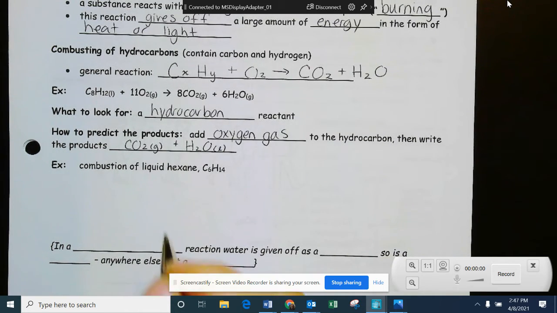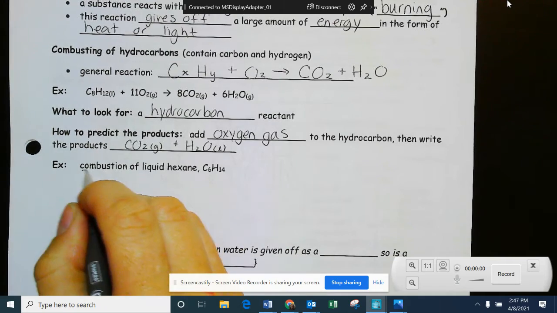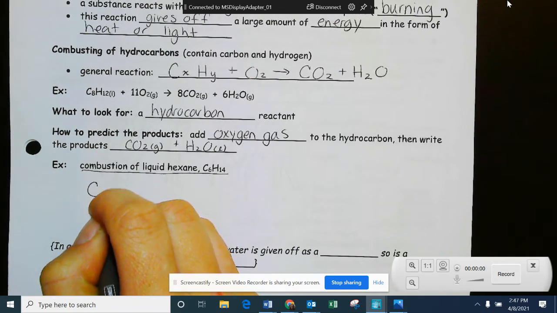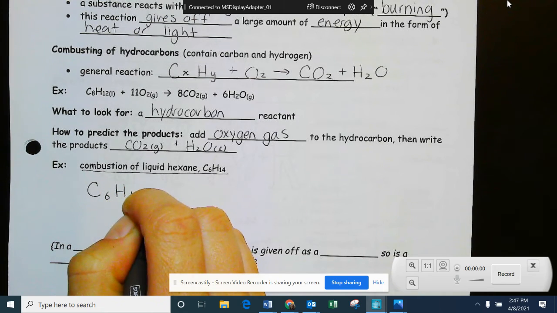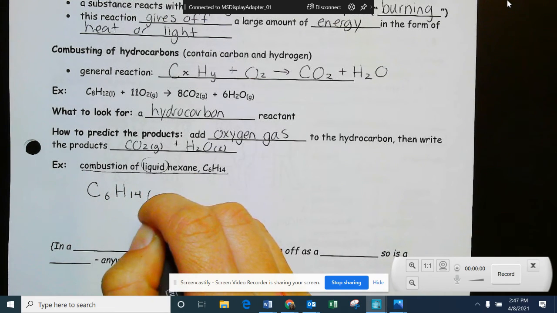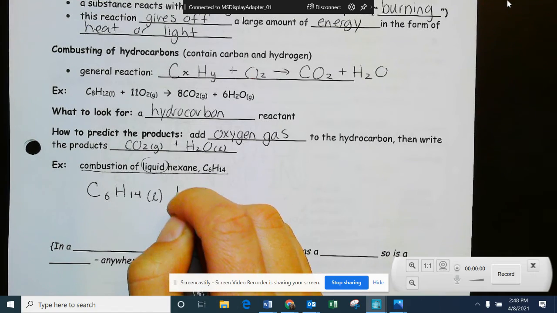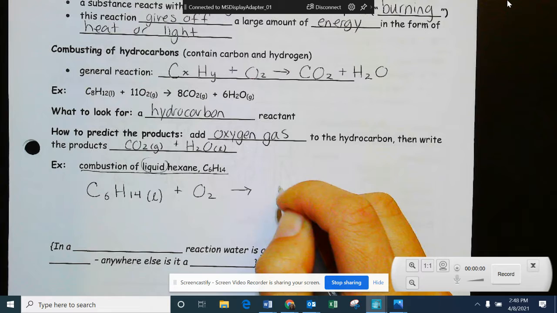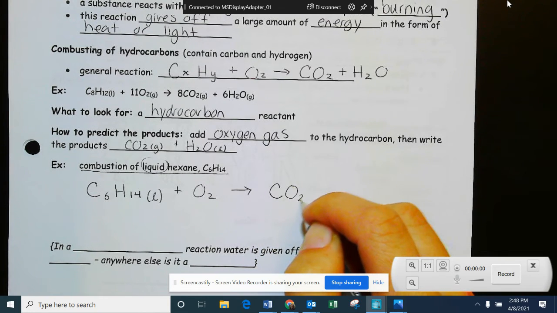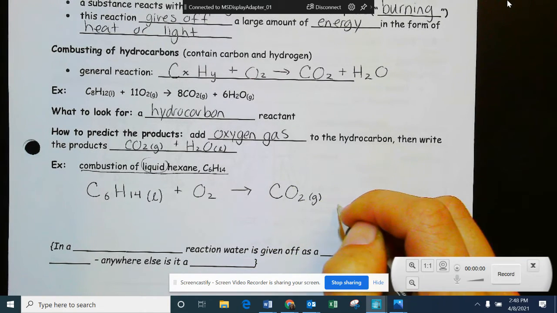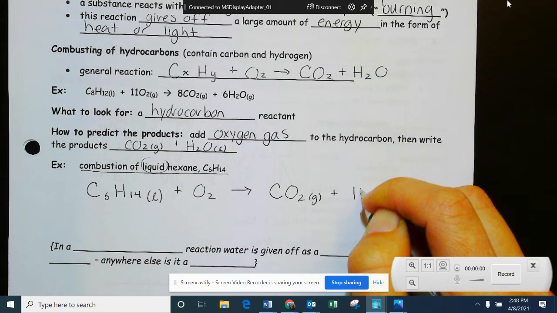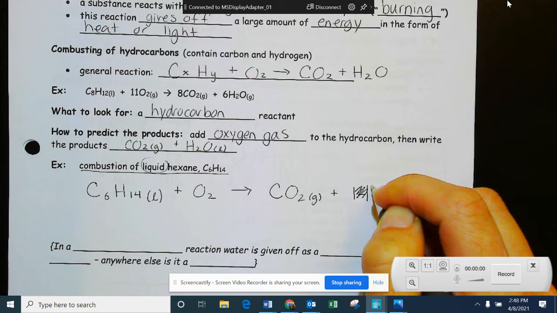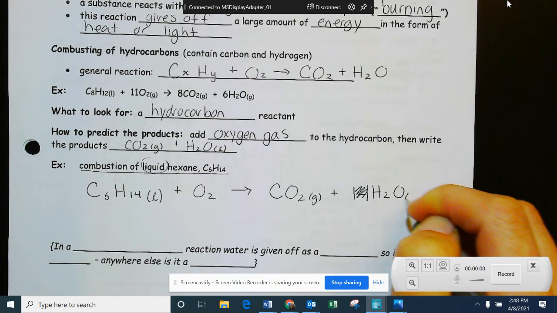So for example, we might be asked for the combustion reaction of liquid hexane. So you're going to go C6H14, and this is liquid. So I'm going to put a little L here, plus oxygen gas, combusts, a lot of heat or light is given off, and I've got carbon dioxide gas and H2O gas.